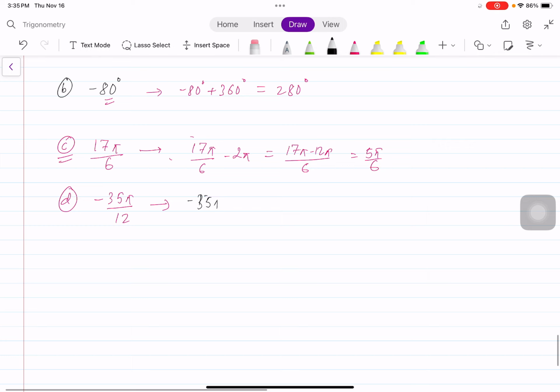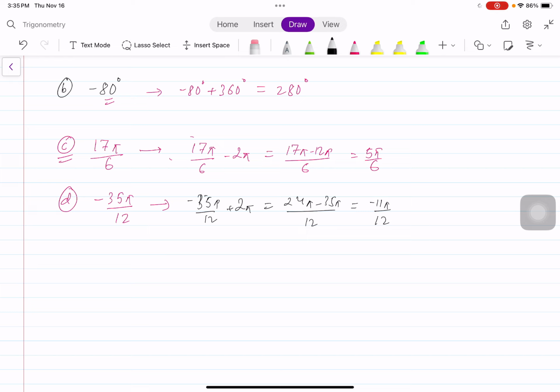Negative 35 pi over 12 plus 2 pi, which will give me 24 pi minus 35 pi over 12, which gives me negative 11 pi by 12. But this is a negative number.